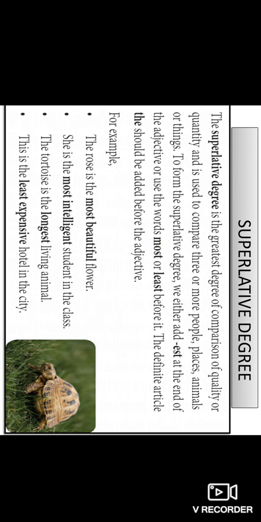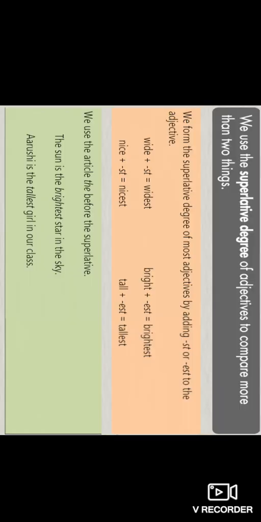So other than any other girls in the whole class, she is the most intelligent. Among all the living animals, we can say that the tortoise is the longest living animal. This is the least expensive hotel in the city. That means we are comparing with the whole thing, so we are using the superlative degree.